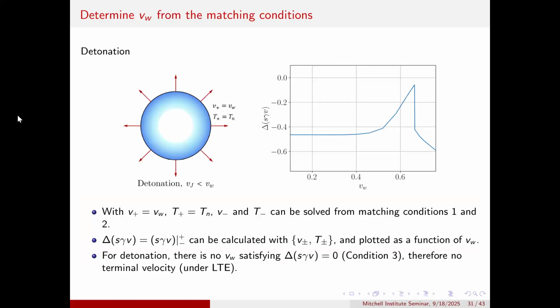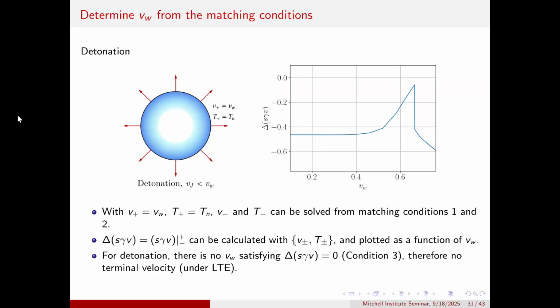Now let me explain how we calculate wall velocity in each scenario. Detonation is the easiest one, because in this case, we say the plasma in front of the bubble wall is static. V plus is the fluid velocity in the wall frame, and we say the fluid is static in the rest frame of the cosmic frame.